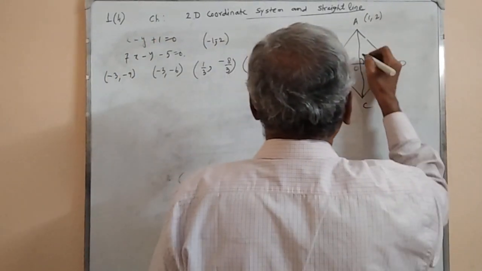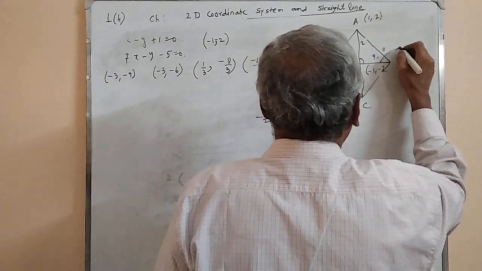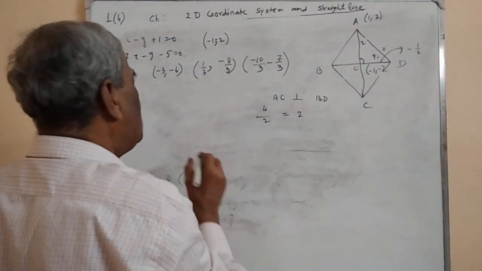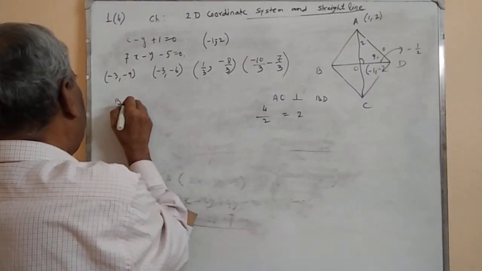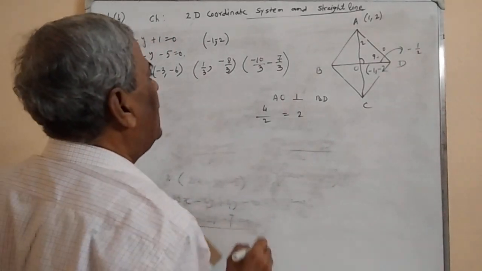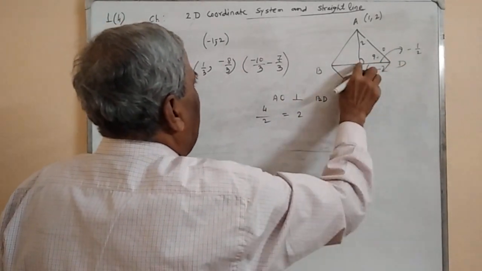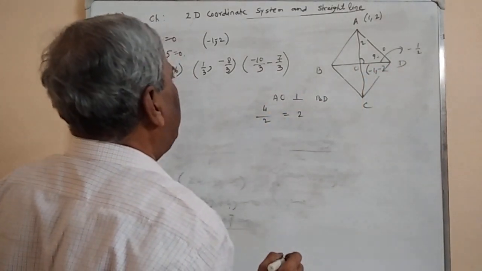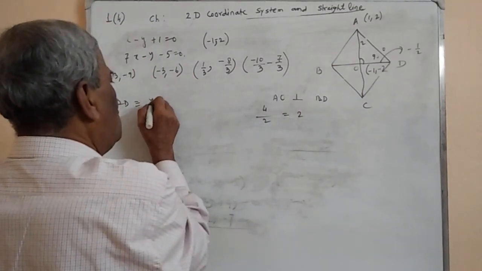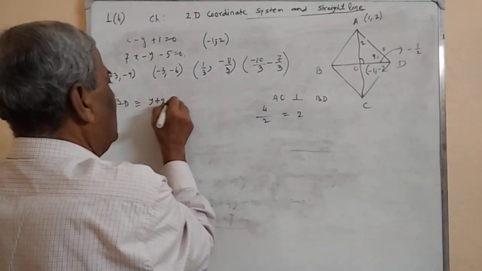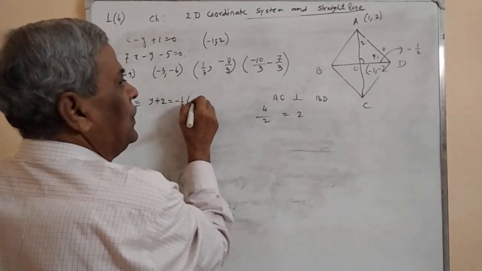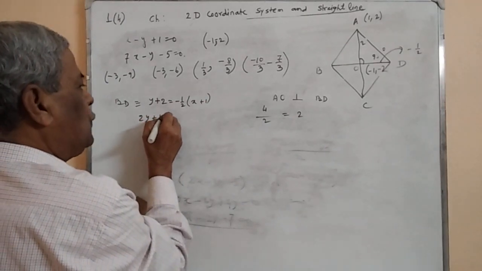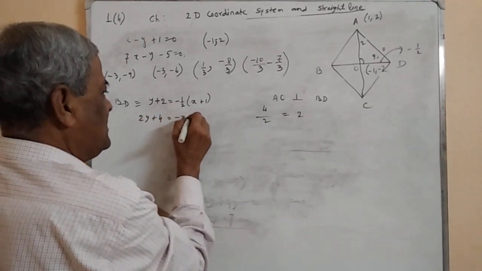So the gradient of this is 2, and the gradient of that must be minus 1 by 2. The equation of BD has a known gradient and passes through the point (minus 1, minus 2). So y minus y1 is equal to minus half into (x plus 1), that is 2y plus 4 is equal to minus x minus 1.